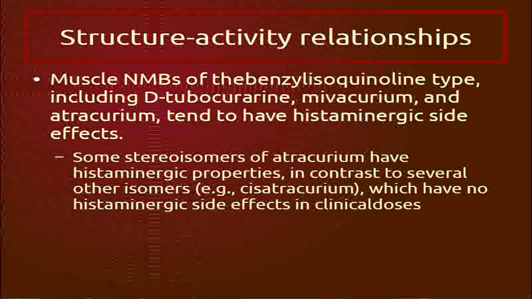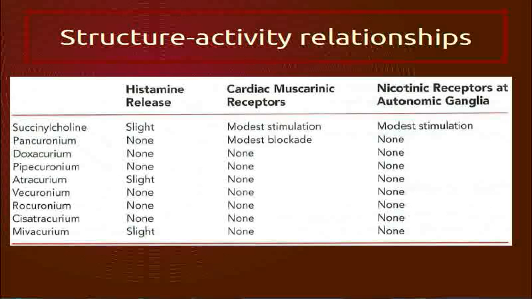So this is a money chart, and it's not that hard. There's only 1, 2, 3, 4, 5, 6 things that change. We look at histamine release. Succinylcholine, yes, it'll cause histamine release. I haven't seen it much, but it definitely can do it. Atracurium, yes.